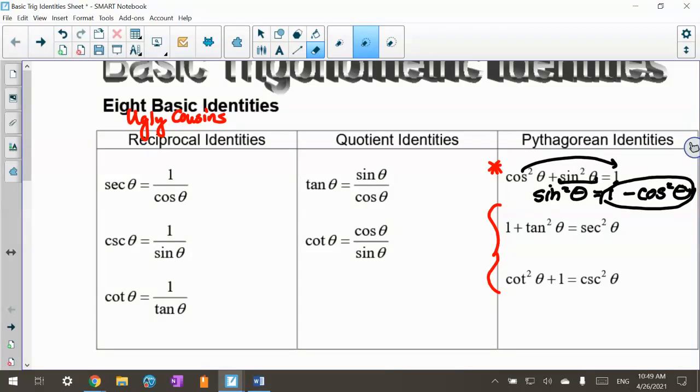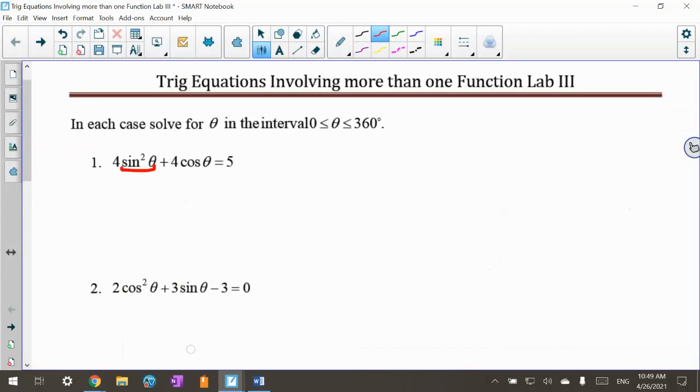All right, so let's go back to our lab, and I'm going to put 4 times what we just found, which was 1 minus cosine squared of theta, plus 4 cosine theta, minus 5 equals 0, because I know I'm going to have to put it equal to 0. Now I'm going to use the distributive property.